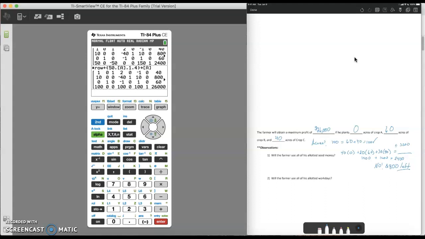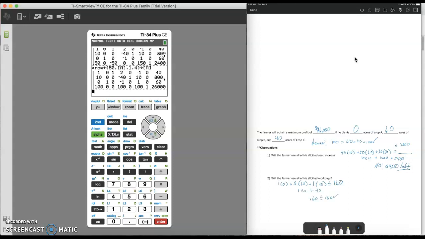And if we check it in that original inequality again, it was 1 times x1, which in this case is 0, plus 2 times x2, in this case 60, plus 1 times x3, which in this case is 40, and that was less than or equal to 160. If we check that out, we get 120 plus 40. We get exactly 160. So it works.